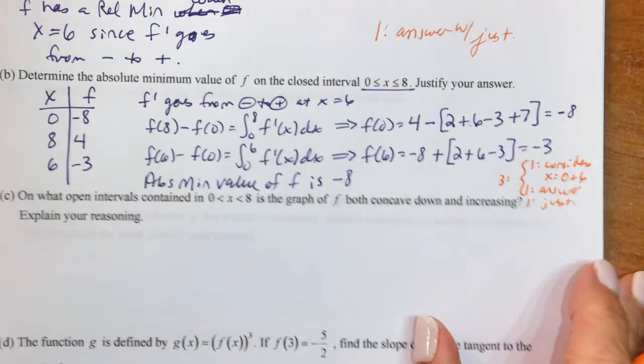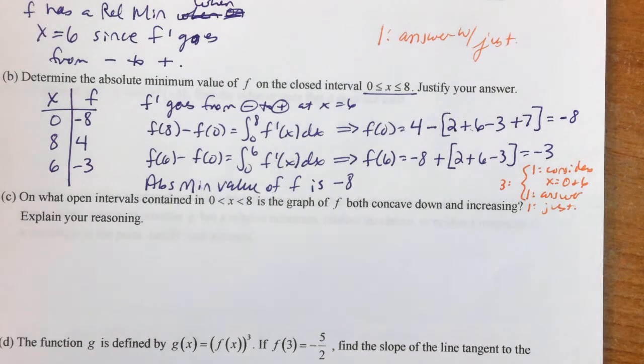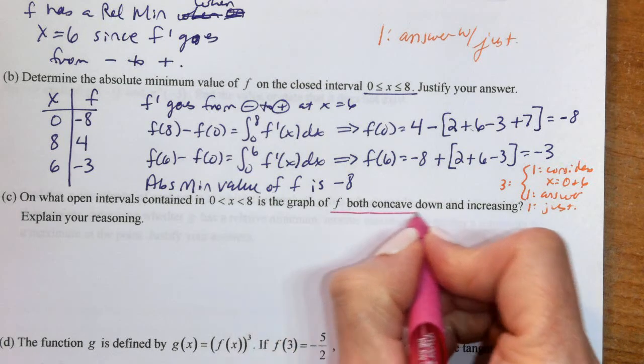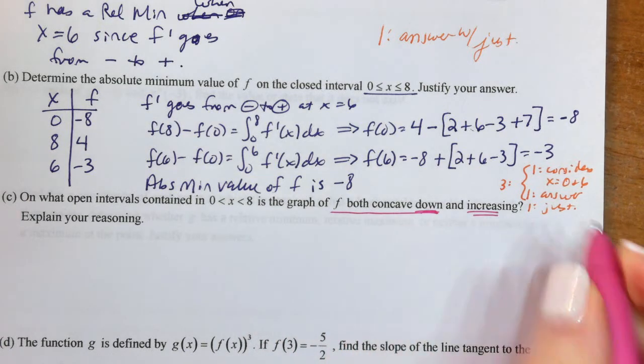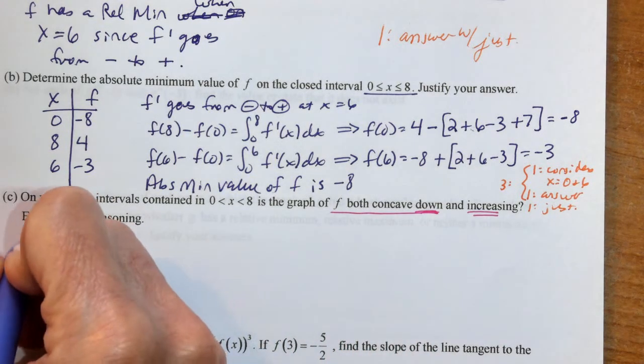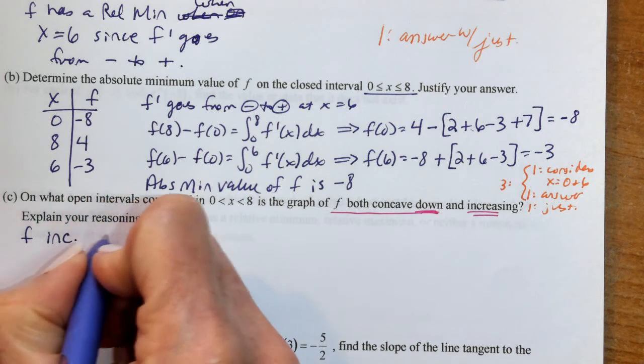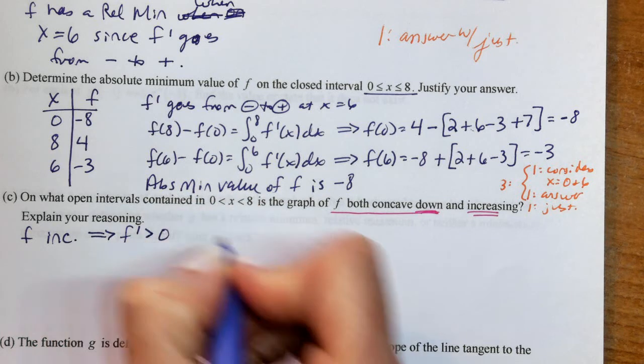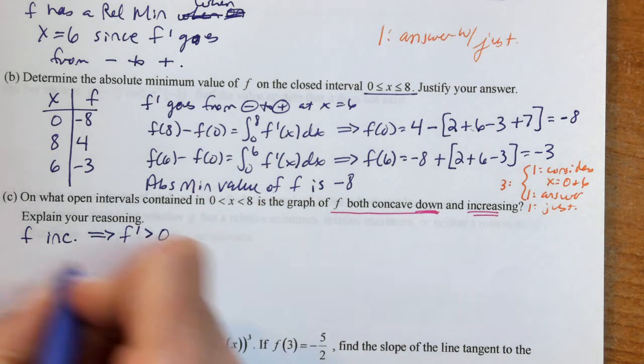Okay. On what open intervals is the graph of f both concave down and increasing? All right. F is increasing when f prime is positive, right?